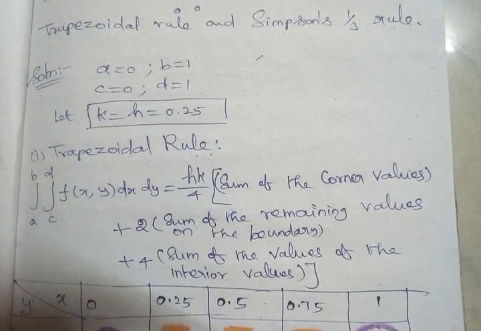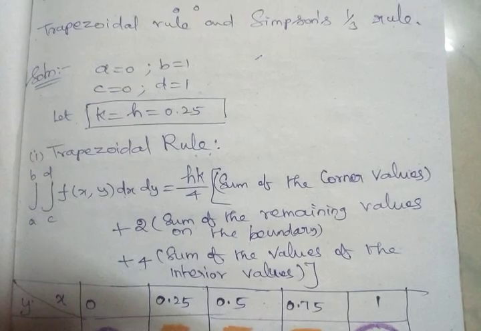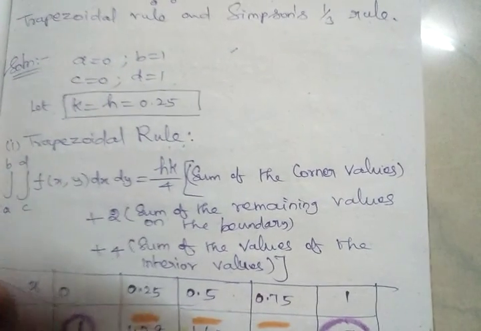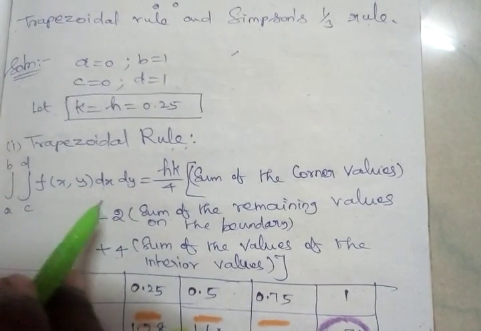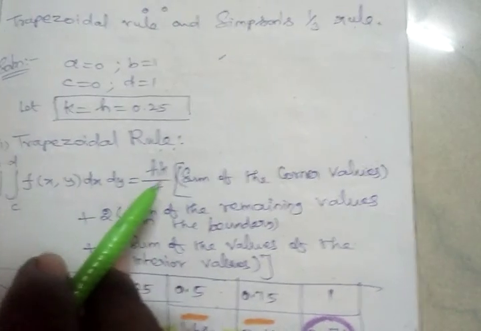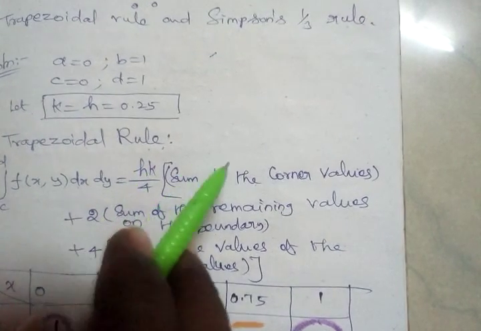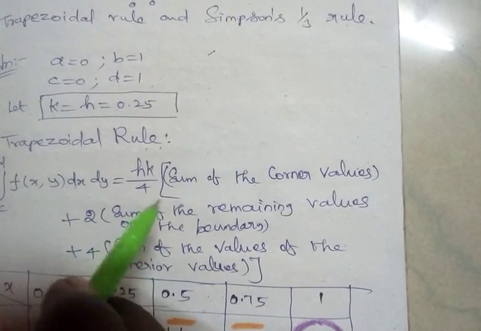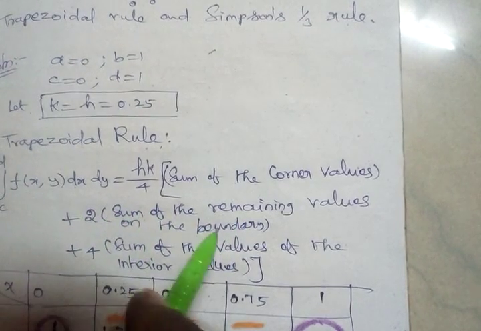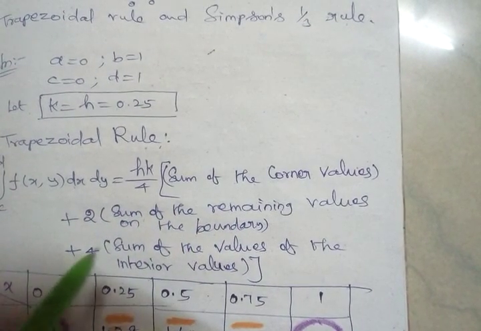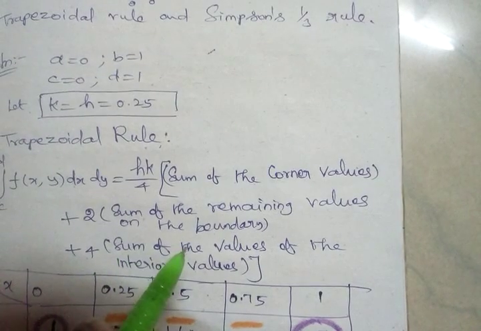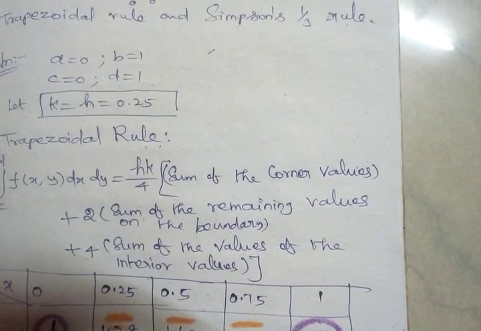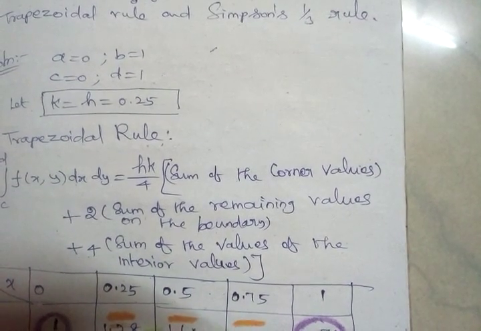Using the formula, h into k divided by 4 into the sum of the corner values, plus 2 into the sum of the remaining values on the boundary, plus 4 into the sum of the interior values. So this is the formula for the trapezoidal rule.